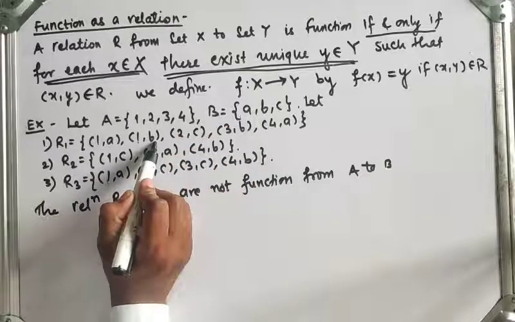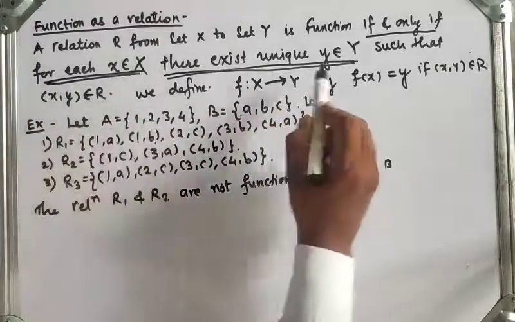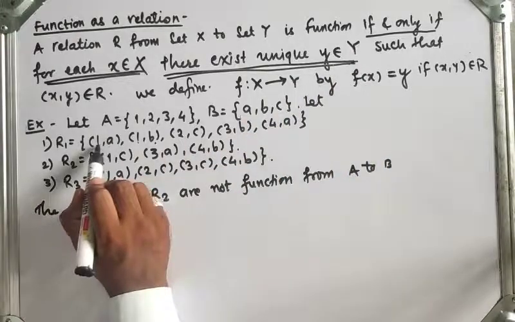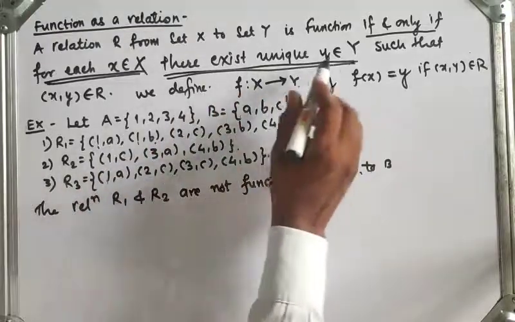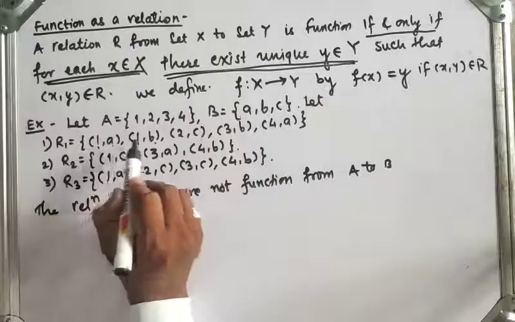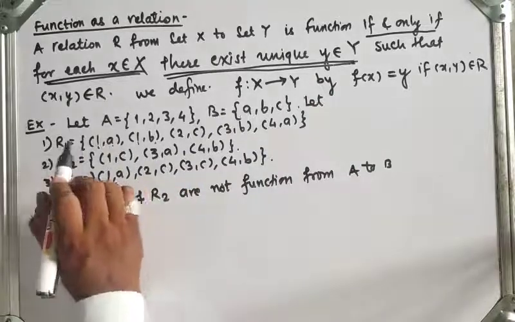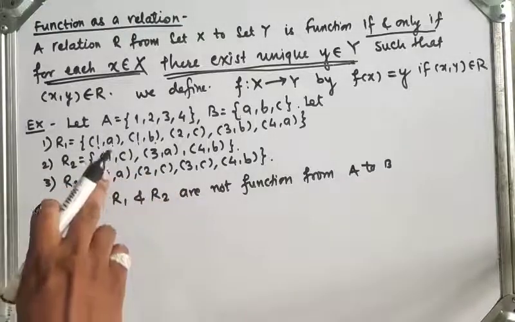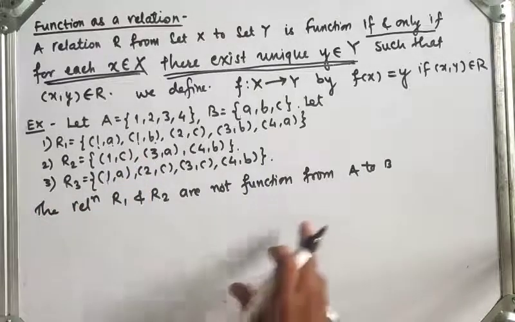But the definition says that for each x belongs to X there exists a unique element y belongs to Y. Here we have one element 1, but there exist two different elements in Y. So R1 is not a function because 1 is related to two different elements.